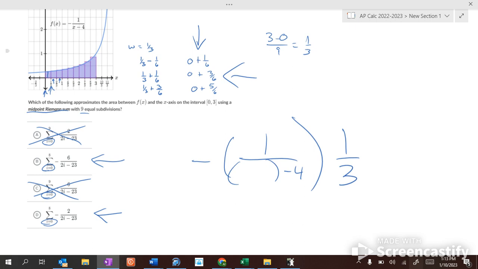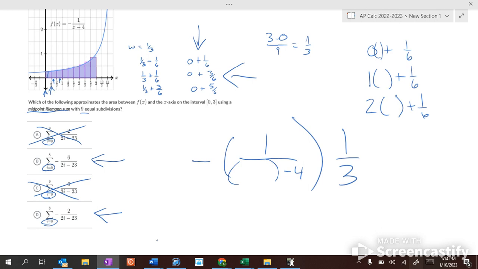So 0 gives me 1/6. So if I put in 0 times something plus 1/6, and then 1 times something plus 1/6 to get me 3/6, and then 2 times something plus 1/6 to get me 5/6.